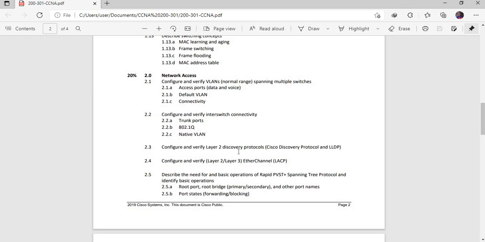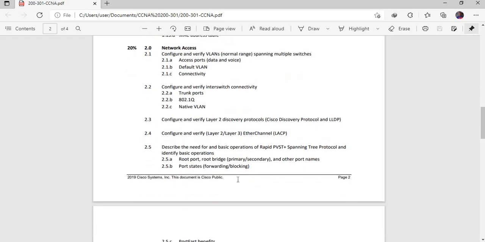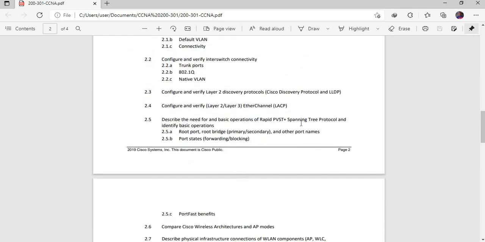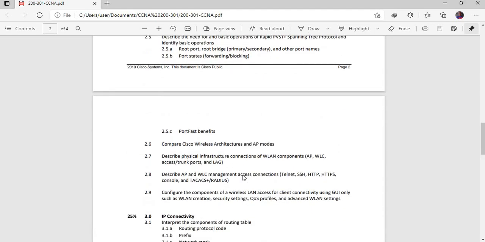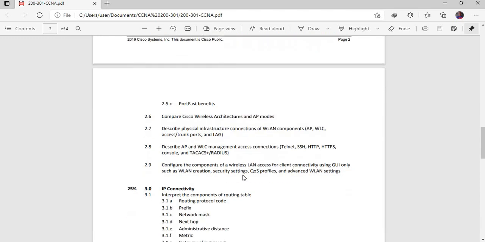We will configure and verify layer 2 discovery protocols, CDP and LLDP. Configure and verify EtherChannel. We will also describe the need for and basic operations of Rapid Per-VLAN Spanning Tree Protocol. Compare Cisco wireless architectures and AP modes.